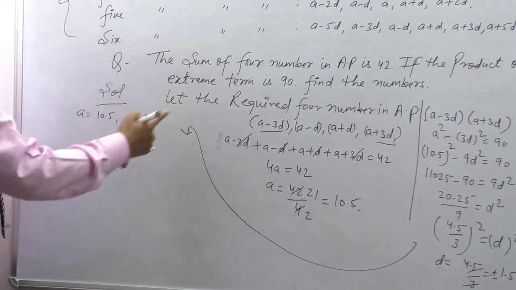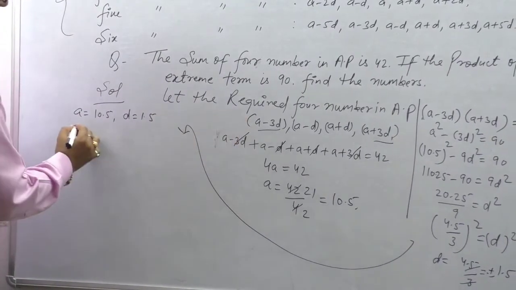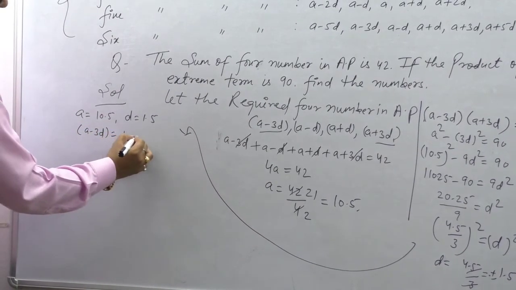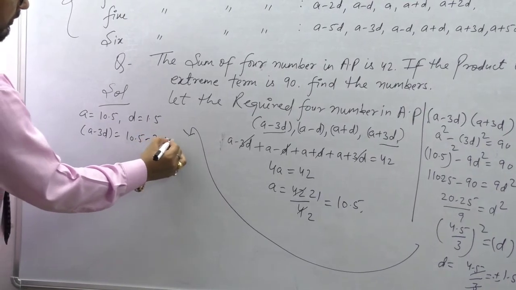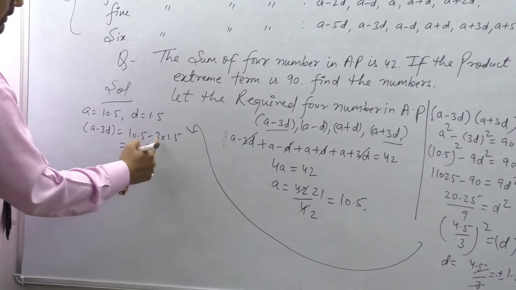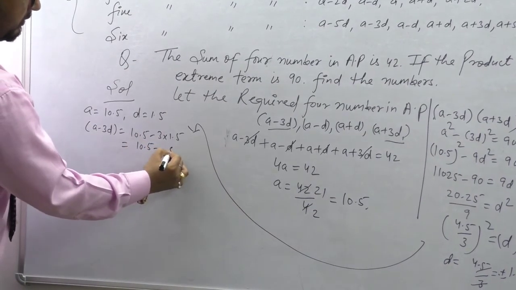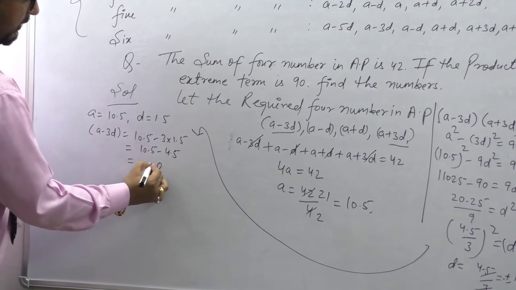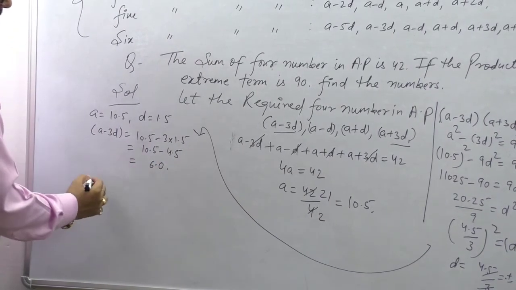According to this, now you have to find the values. Your first value is a minus 3d: 10.5 minus 3 times 1.5, which is 4.5. Subtracting, we get 6. So your first value is 6.